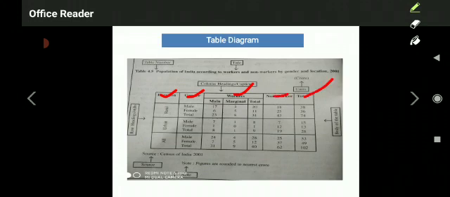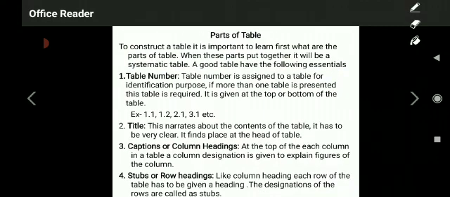These captions clearly indicate what type of content is there in that particular column. It will be very clear with the help of systematic captions in the column heads. So this is all about the third one, captions or column headings.